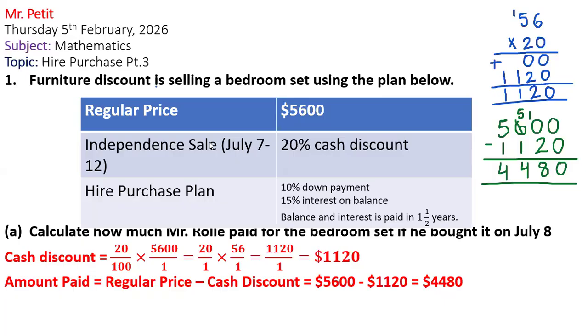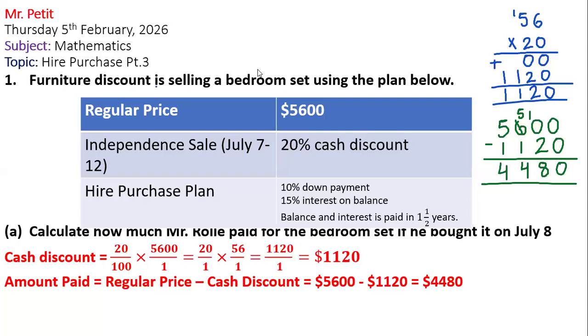So we took the zeros off the 5,600 and the 100, and then we multiplied it. 20 times 56 is 1,120. Then we subtracted 1,120 from 5,600 and got 4,480. Very good. Thank you, Dominic.